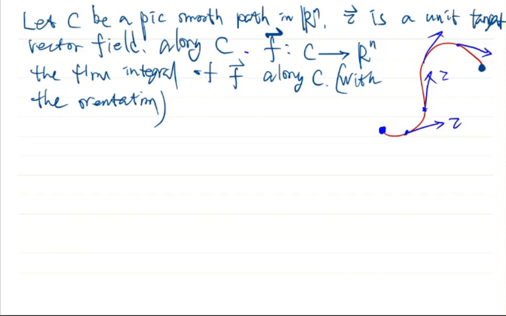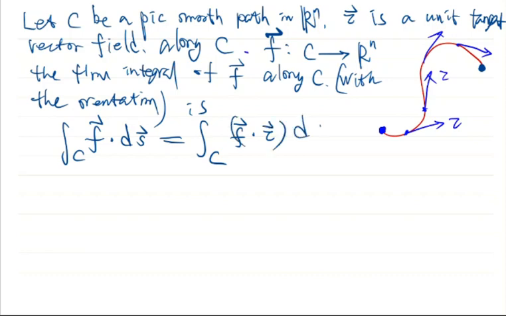The flow integral of f along C with this orientation is this integral, which is defined using the usual line integral. Okay, so this is just an abstraction of the previous work problem.